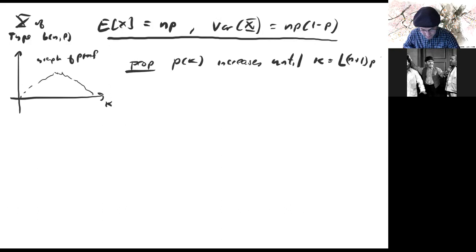So I'm rounding it down. That's what this means. This is called the floor function. If (n plus 1) times p is 1.5, I would get 1. Okay, so I'm going to give you a proof of that, and then afterwards it decreases.